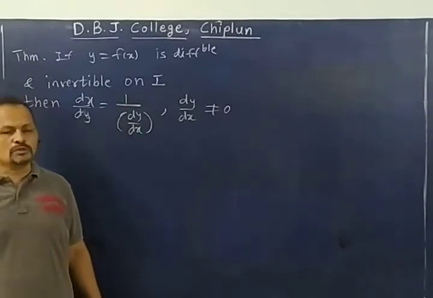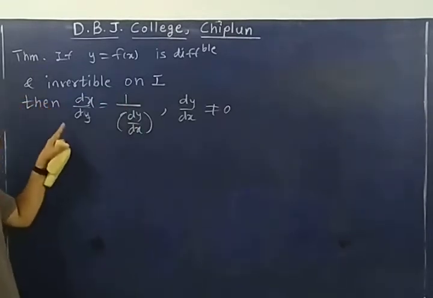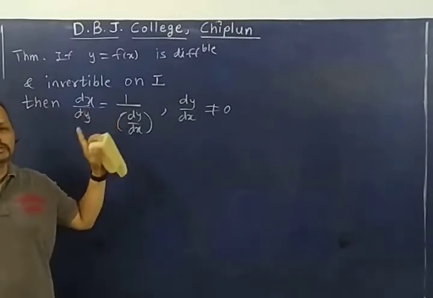If dy by dx is not equal to 0, then only they are reciprocals of each other.